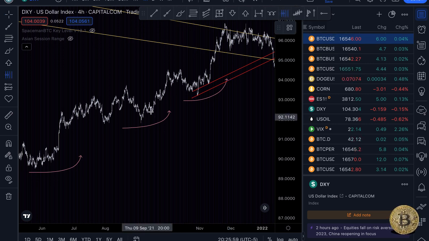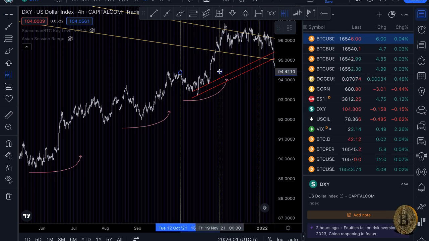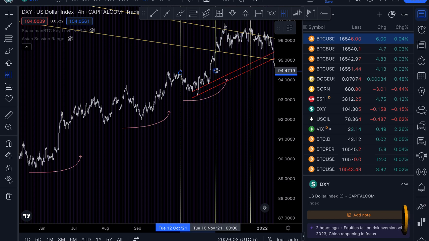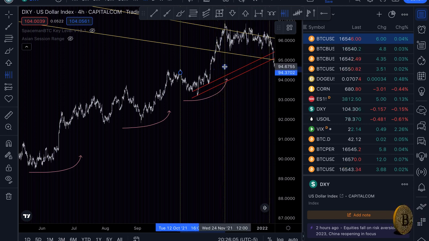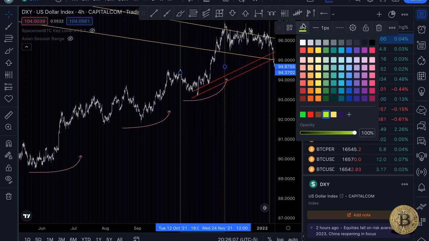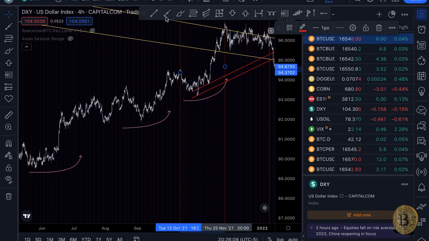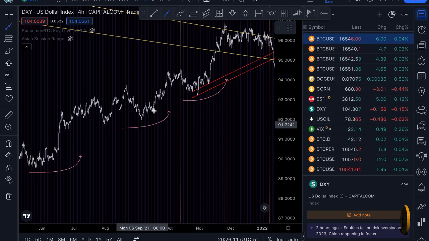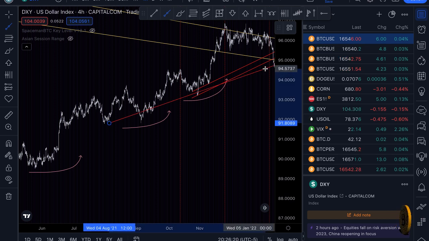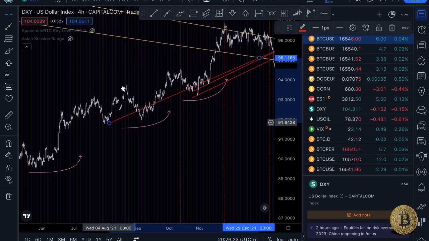I'm going to quickly grab the cyclical, throw that on there, maybe like that, make that red. Okay, next we got this one here, and to me I'm seeing it a little bit larger, like this. See that there?